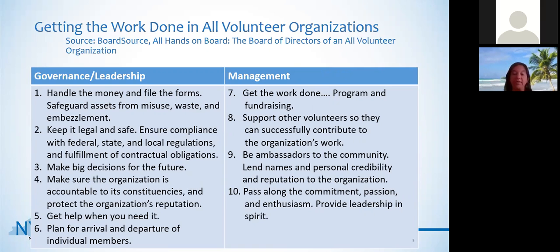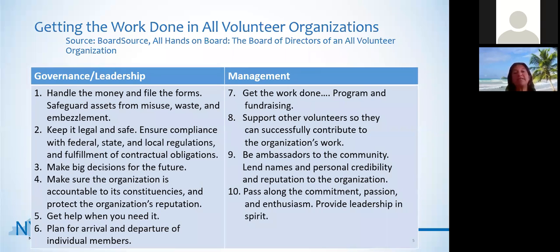Because one thing that is important to recognize is that, first of all, you have the fiduciary responsibility of governance, but that management functions, getting the work of the organization done, usually takes precedence, usually is much more interesting, much more engaging to people, in terms of what's fun about the organization. You're doing mission work much of the time.